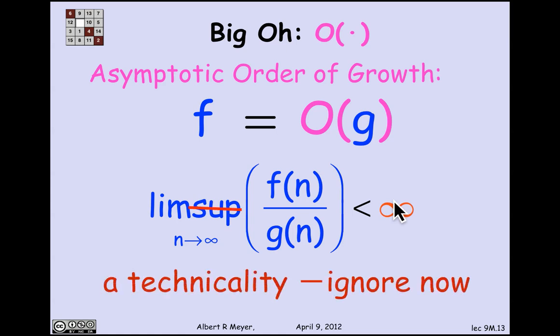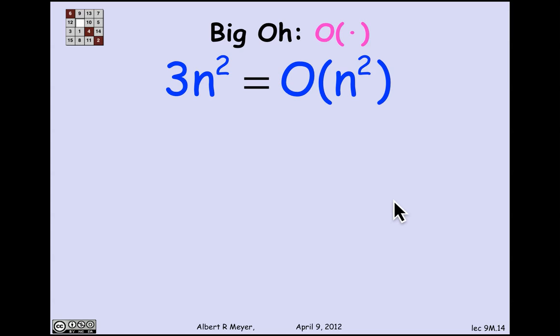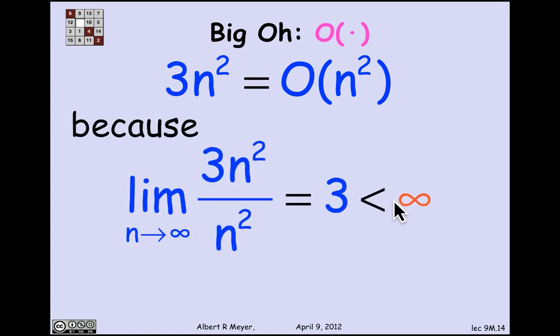Now, there's a technicality there where the expression actually says the lim sup of f of n over g of n. Let's just ignore that for now, and we'll look at it and explain why the lim sup is there a little later. So, as an example, 3n squared is big O of n squared, because the quotient of 3n squared over n squared is 3, which is less than infinity.